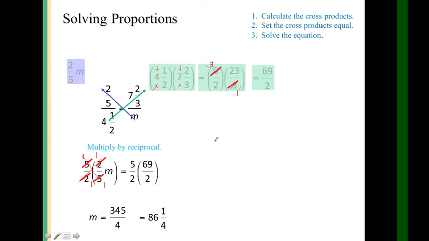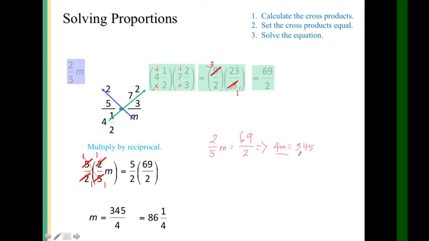Now, I will show you another way to do this. So, ang equation natin kanina is 2 over 5m equals 69 over 2, if I'm not mistaken. Okay. Ang gagawin ko is, pwede naman tayo mag-cross multiply dyan kasi naman may equation naman na equals. So, 2 times 2 is equal to 4m equals 5 times 69 is equal to 345.